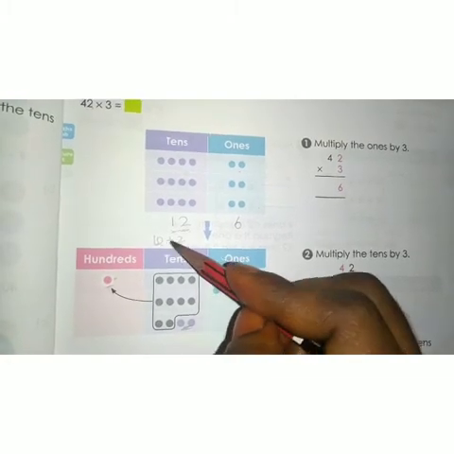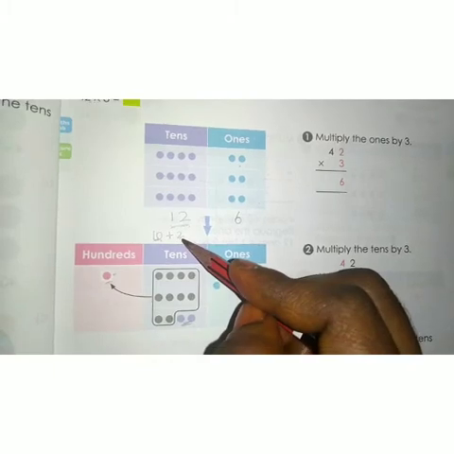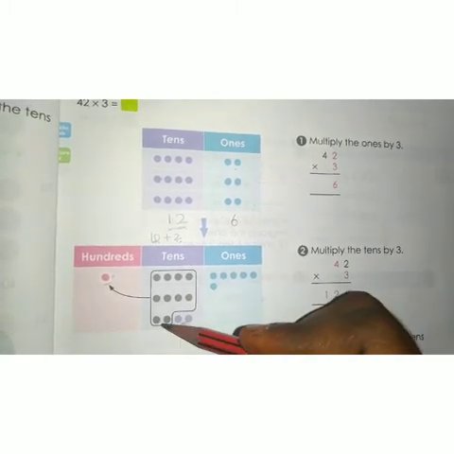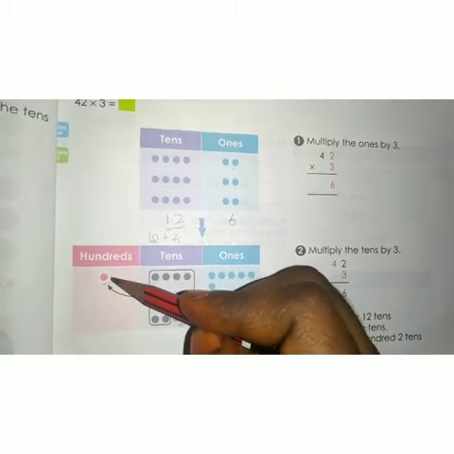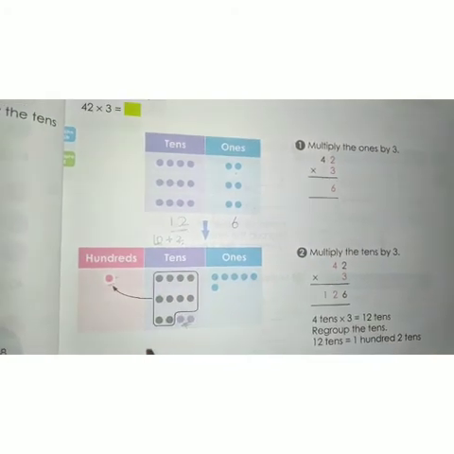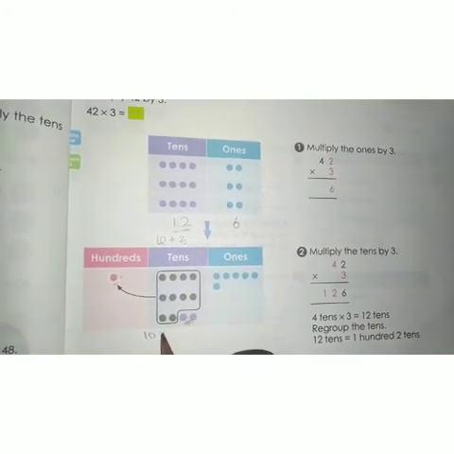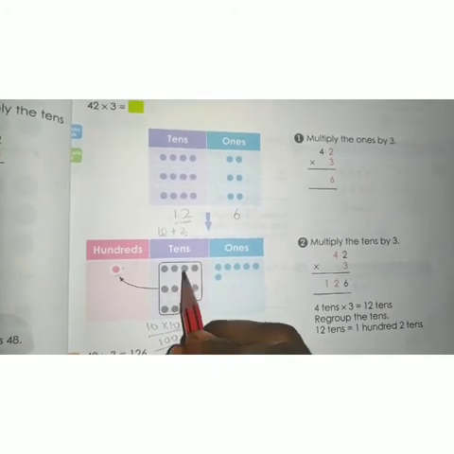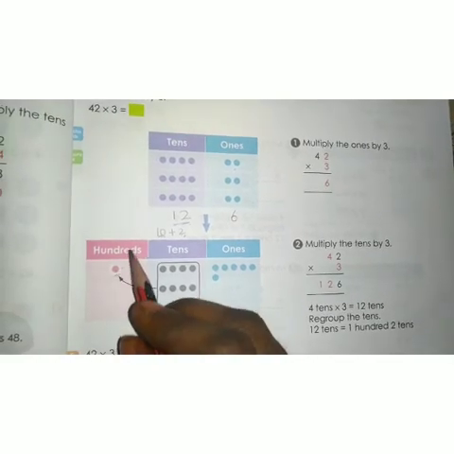That means 10 tens plus 2 tens. 2 tens remain in the same place, tens place. 10 tens will be carried over to the hundreds place because 10 tens are equal to 100. So we have to keep only one dot under hundreds place.